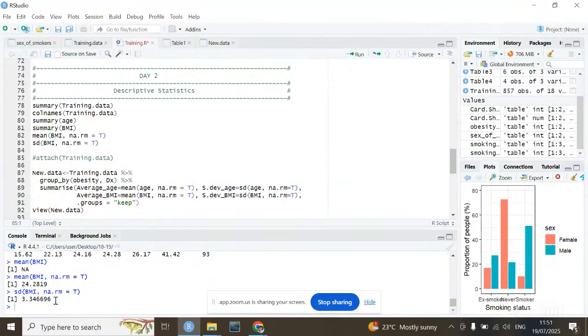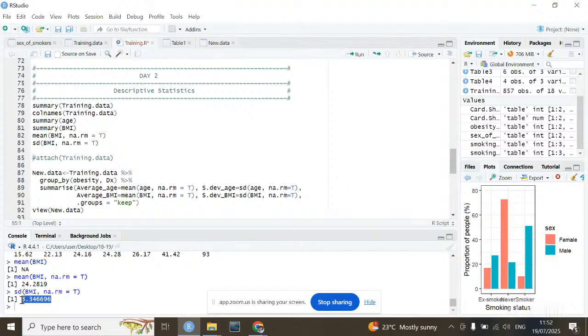It will bring the standard deviation. But what if we are told to calculate the standard deviation, the mean, the variance for the different variables?